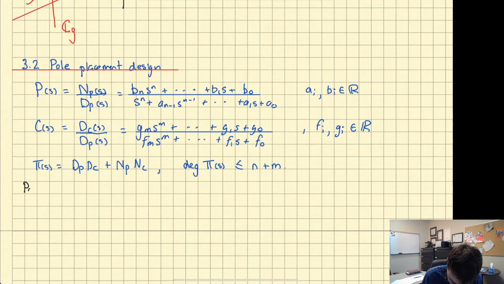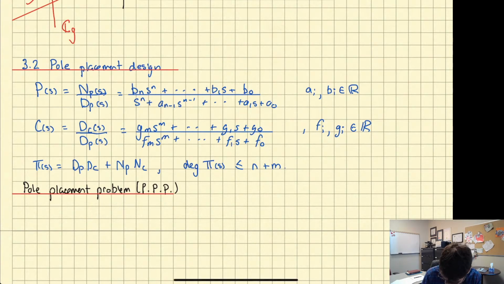I'll write the problem and then we'll do the solution next time. Pole placement problem. Sometimes I'll write it as PPP.